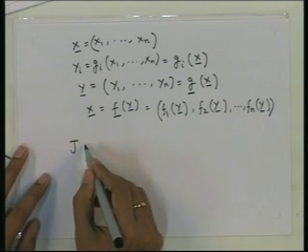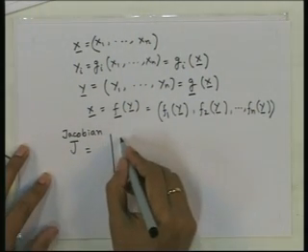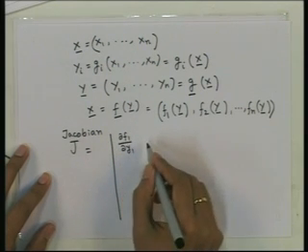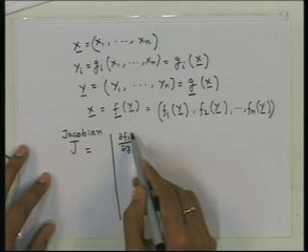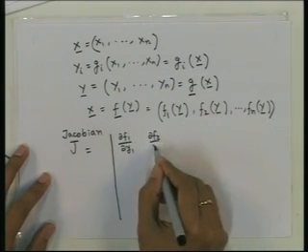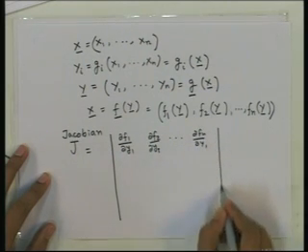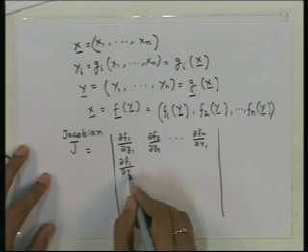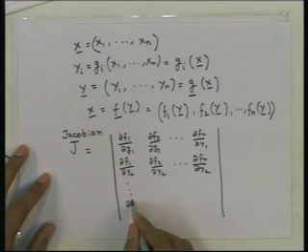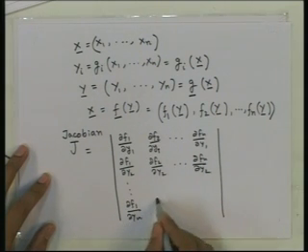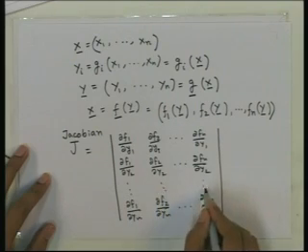The Jacobian J is the determinant of the following matrix: del f1 del y1, del f2 del y1, del fn del y1, then del f1 del y2, del f2 del y2, del fn del y2, and so on till del f1 by del yn, del f2 by del yn, del fn by del yn. Remember that f1 is a function of the whole vector, so it is f1 of y1, y2 till yn. We are not writing those arguments, it is implied.